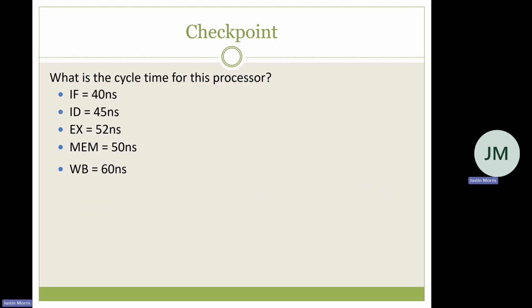Okay, so what's my longest instruction? Load word, right? So we add them all up because our longest instruction does use every single part, which is load word. If our longest instruction didn't use every single part, then we didn't need to add them all. Like if our longest instruction was, say, R type, we don't use memory, right?